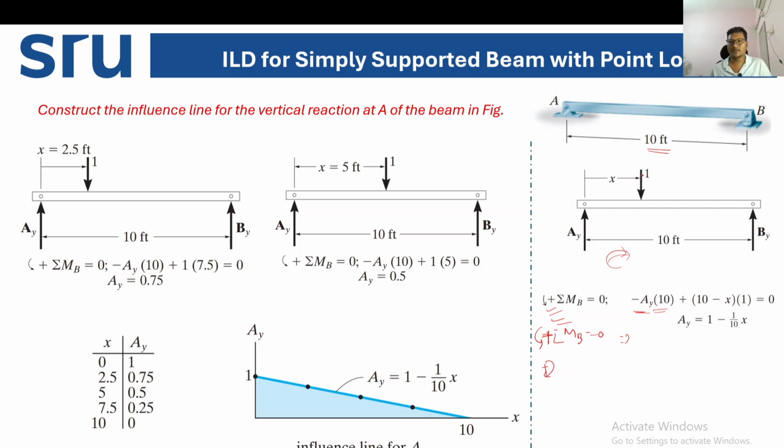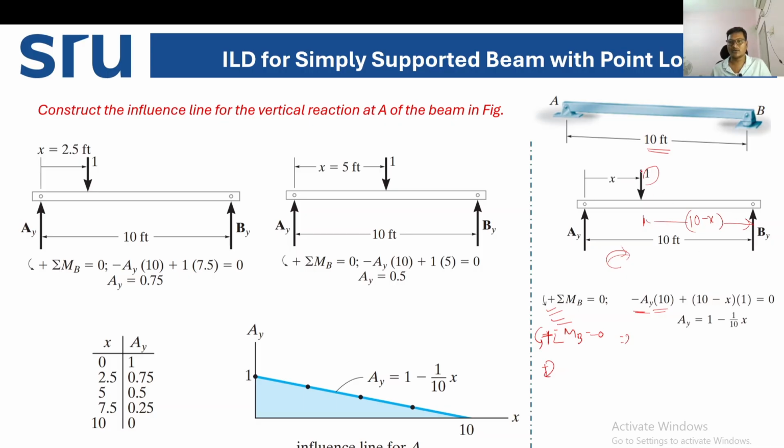Then plus 1 into your unit load. 1 into what is the distance here? The distance is 10 minus x. The total length is 10, and your unit load is situated at x distance from the left-hand support, so the distance from the unit load to the right support is 10 minus x.